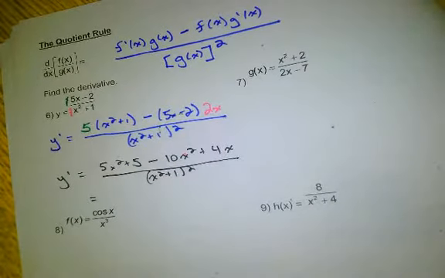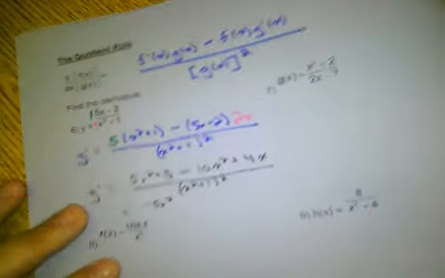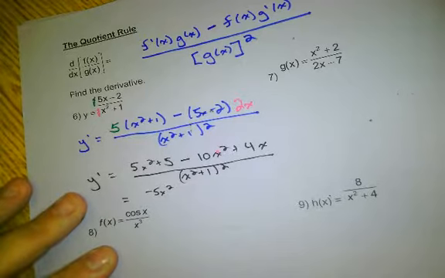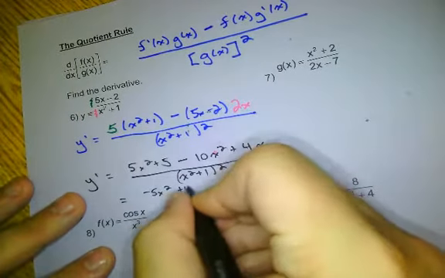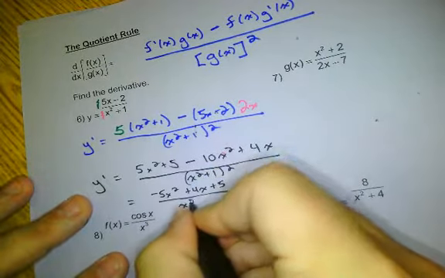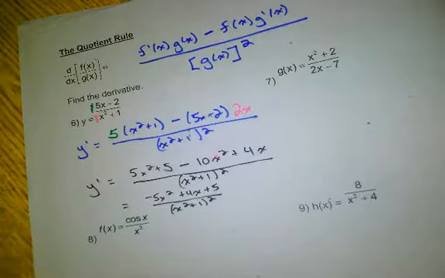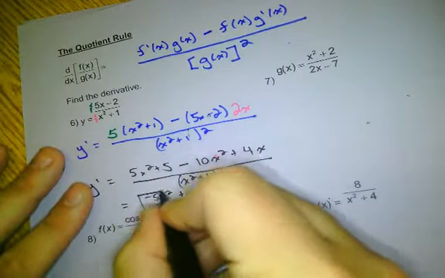And this simplifies kind of nicely. Well, like not nicely, but like not terribly. So negative 5x squared plus 4x plus 5. And there's nothing else you can do, so that's it.